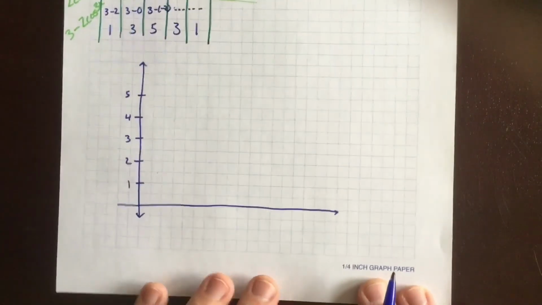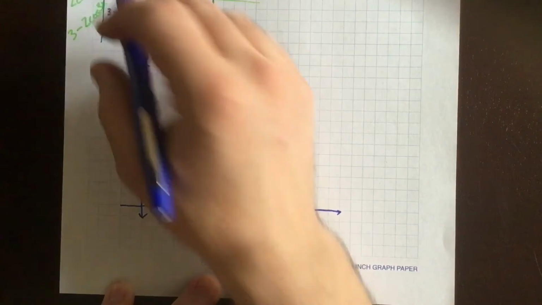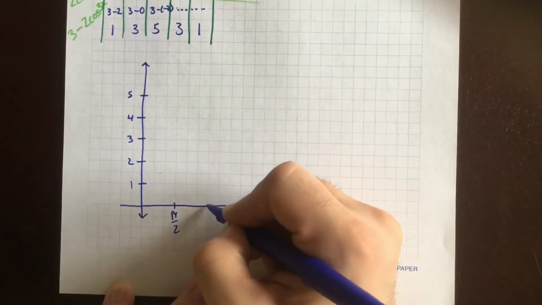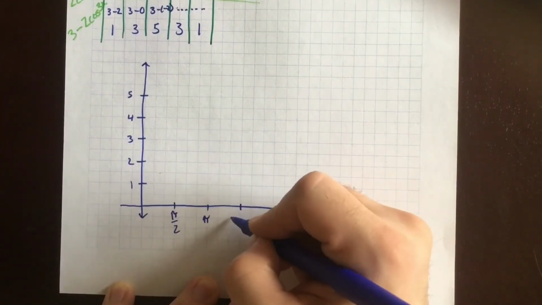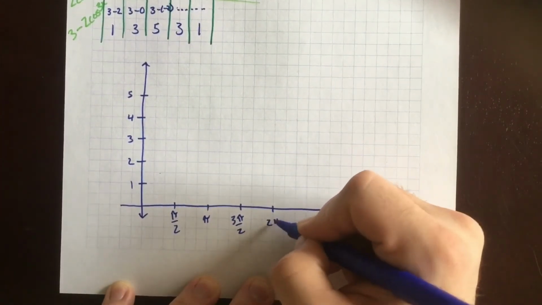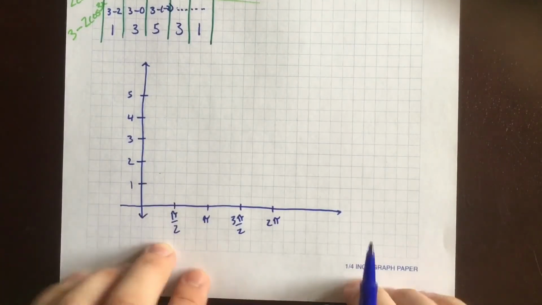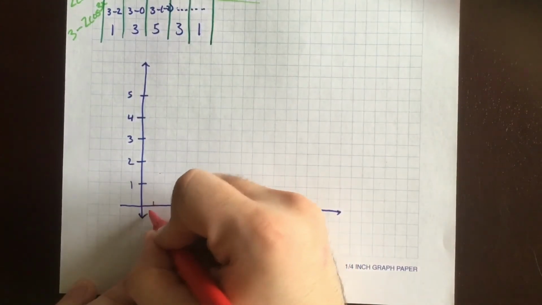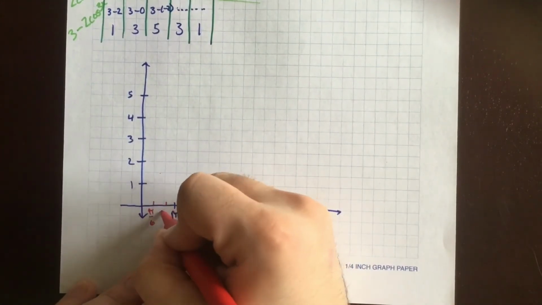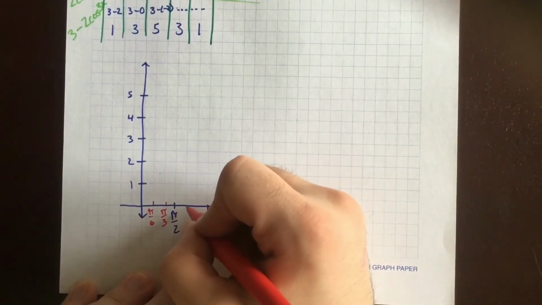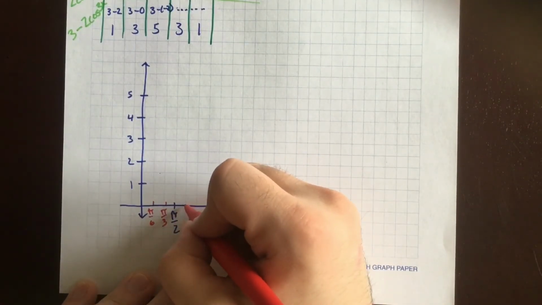So when we go to graph this, let's say starting at 0, writing down our values: pi over 6, pi over 3, pi over 2, and then 2 pi over 3 would be right here.